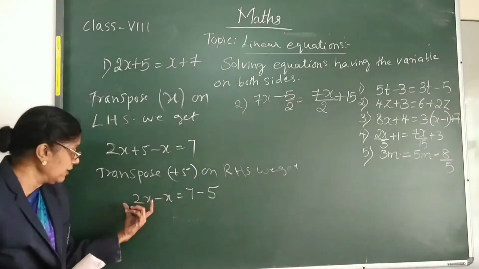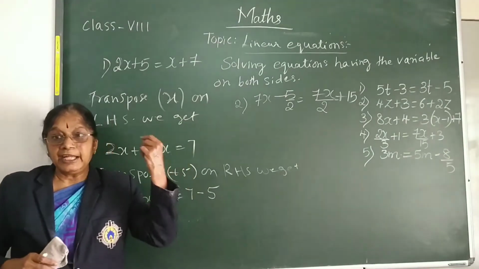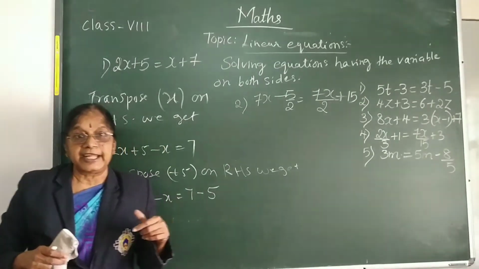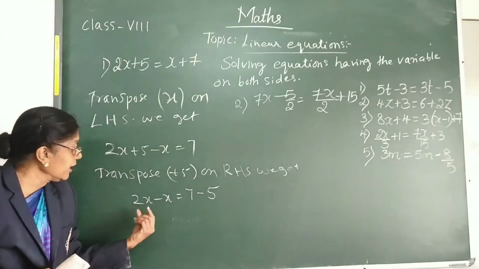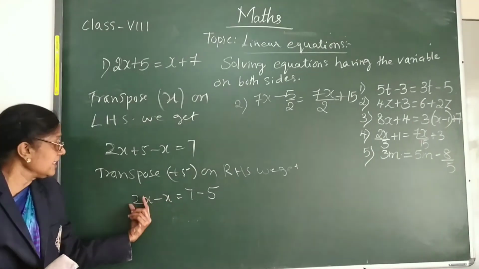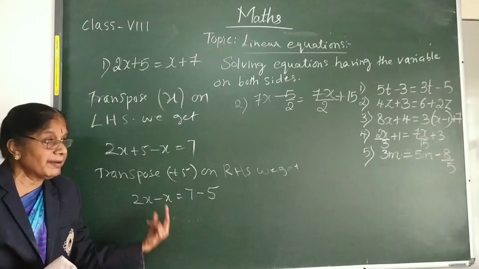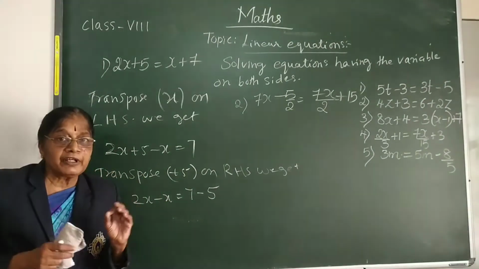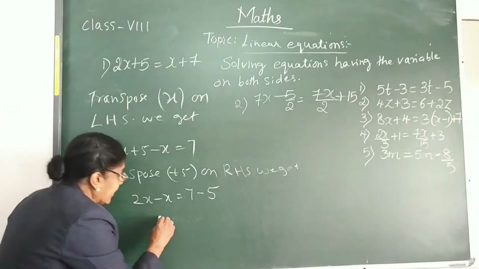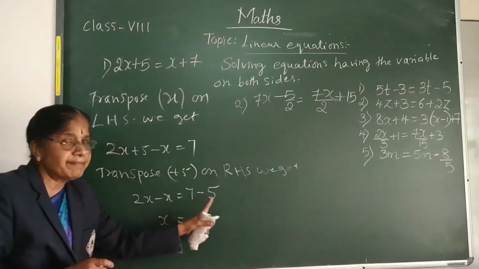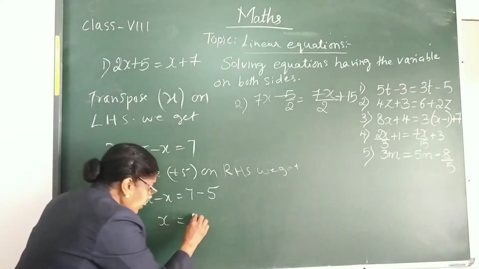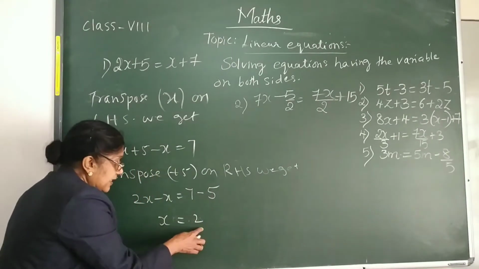We know that in variables, like terms can be added and like terms can be subtracted. Here it is 2x minus 1x. From 2x, 1x goes, how much will remain? Only x. So we get x is equal to 7 minus 5. How much is 7 minus 5? 2. So we got our answer: x is equal to 2.